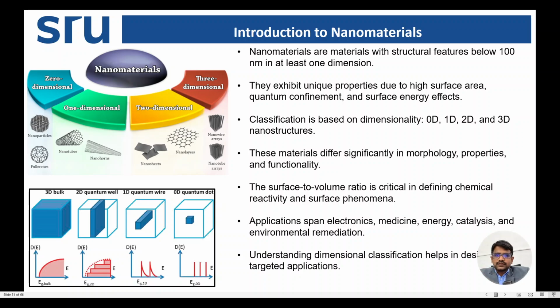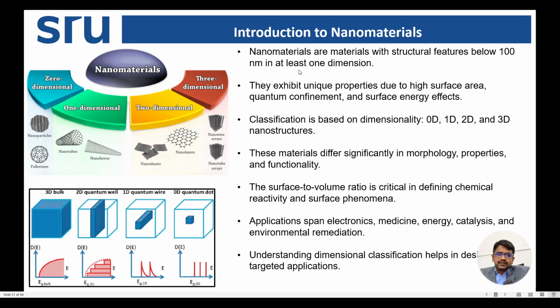So what is 1 nanometer? 1 nanometer is equal to 10 to the power minus 9 meters. Nanomaterials are materials with structural features below 100 nanometers in at least one dimension.